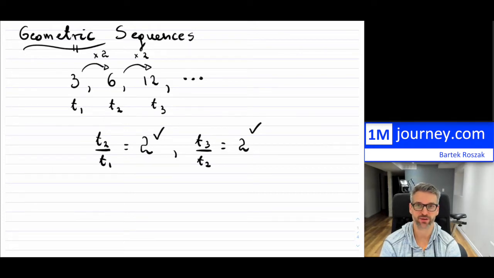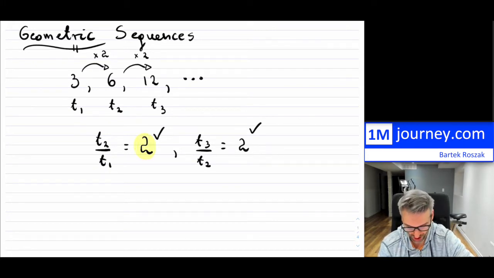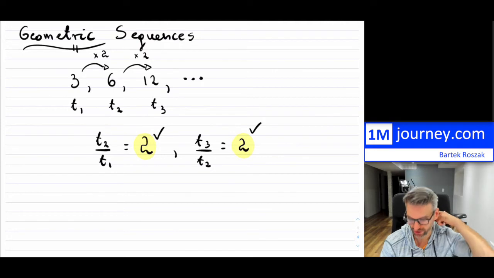Most of the time when you're starting, the ratio is a whole number, but it really does not matter. As long as the ratio is some number, then you are dealing with a geometric sequence.